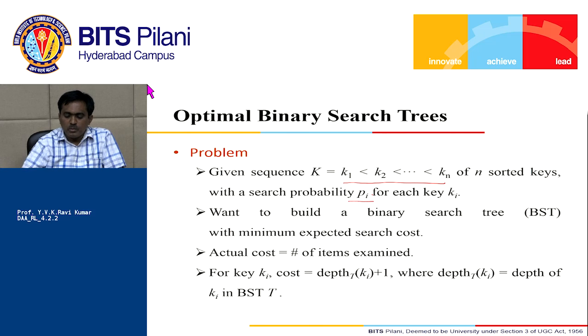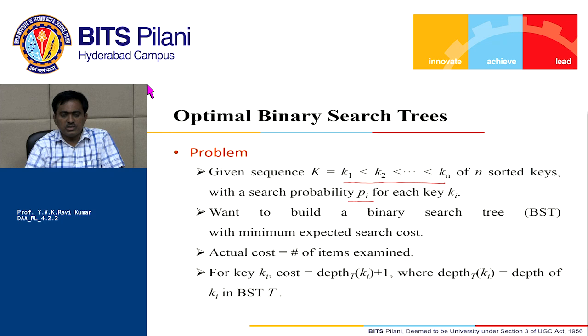That is, the probability of searching for the key K1 is P1, K2 is P2, and so on. What we need to do is build a binary search tree where the expected search cost is minimum. That is, whatever BST we construct should give the minimum expected search cost. That is the problem we are going to discuss.